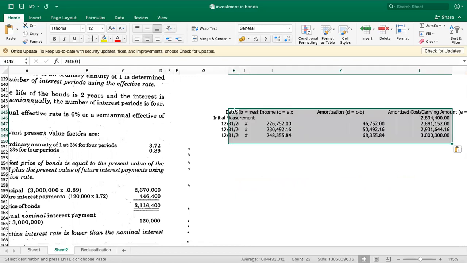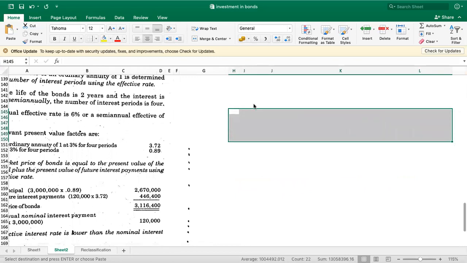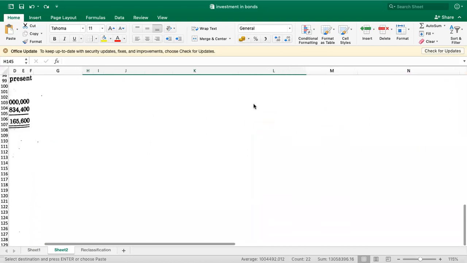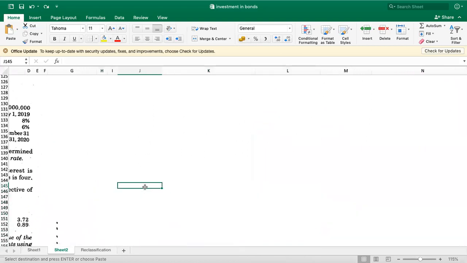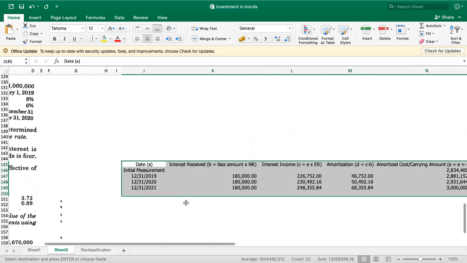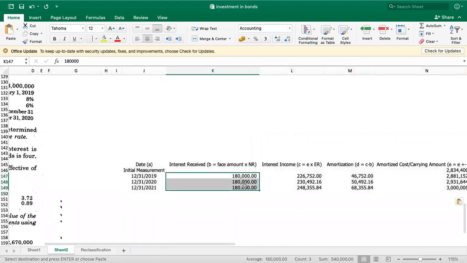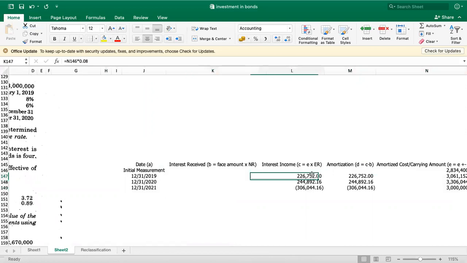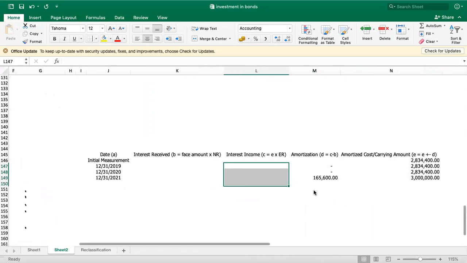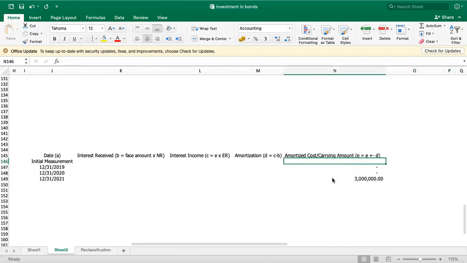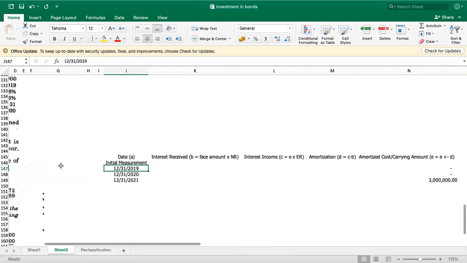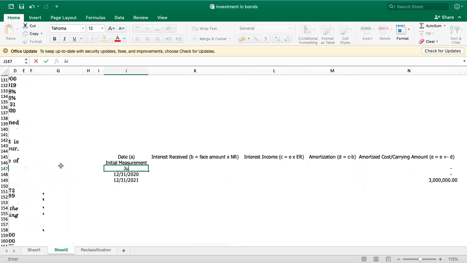Okay, the amortization table. So since yung periods natin, it will start in June 30.